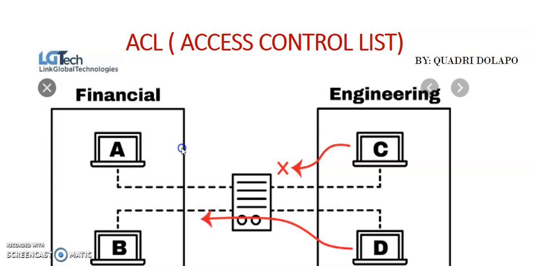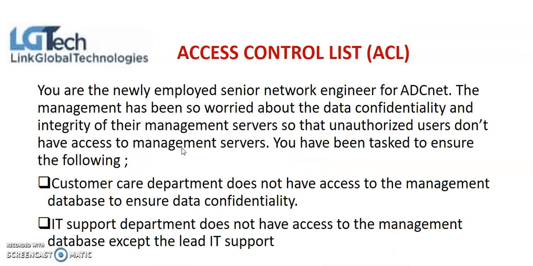Let me give you a scenario to drive my point home. Imagine you are the newly employed senior network engineer for ADC Nets. Management is worried about the data confidentiality and integrity of their management servers, so that unauthorized users don't have access to them. You are tasked to ensure the following.